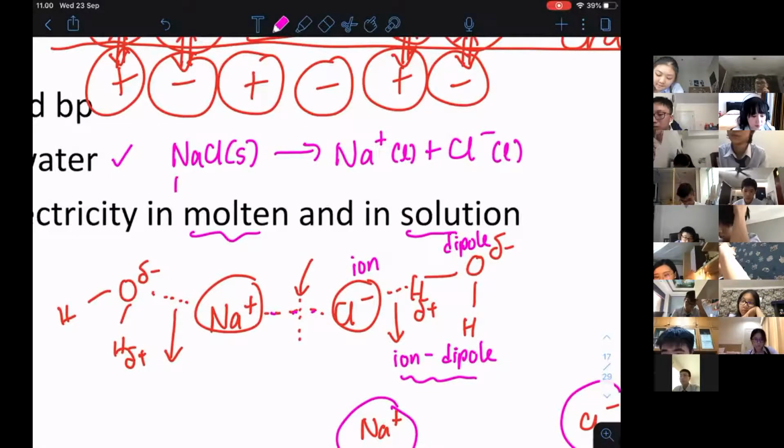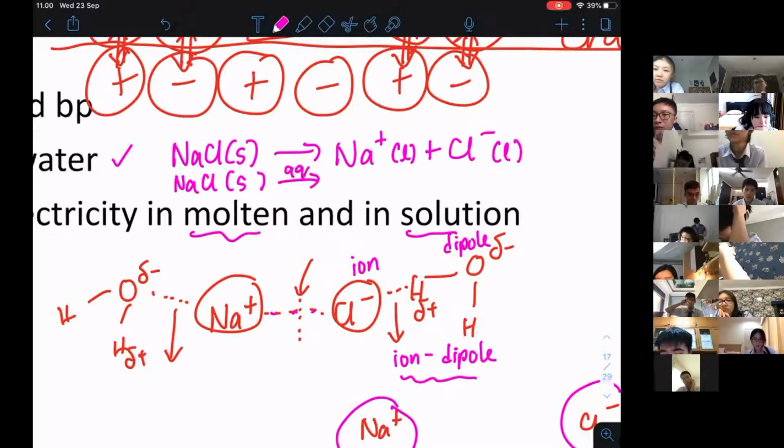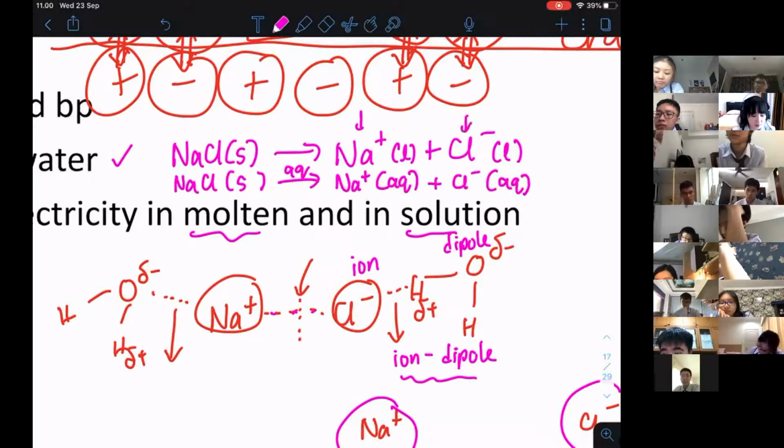But if you have aqueous form, let's say you put the solid sodium chloride in and add water, you are going to get Na plus, and then only they are going to be aqueous. That's the difference. But whatever it is, both of them are free moving.